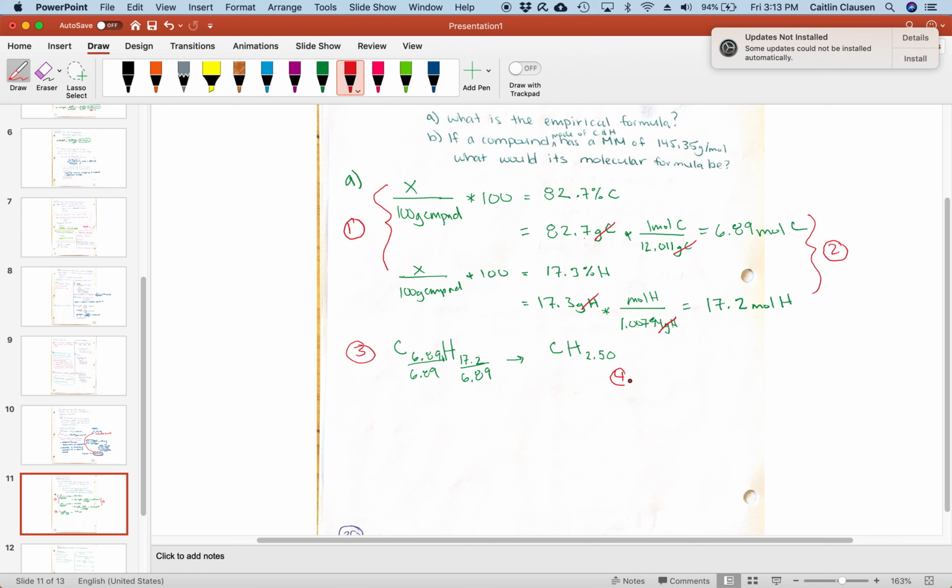So here we'll do step 4. Let's try multiplying by 2.